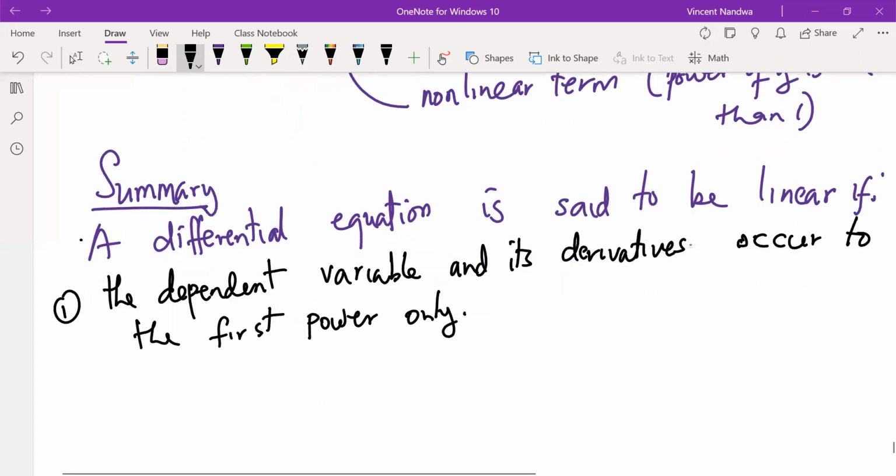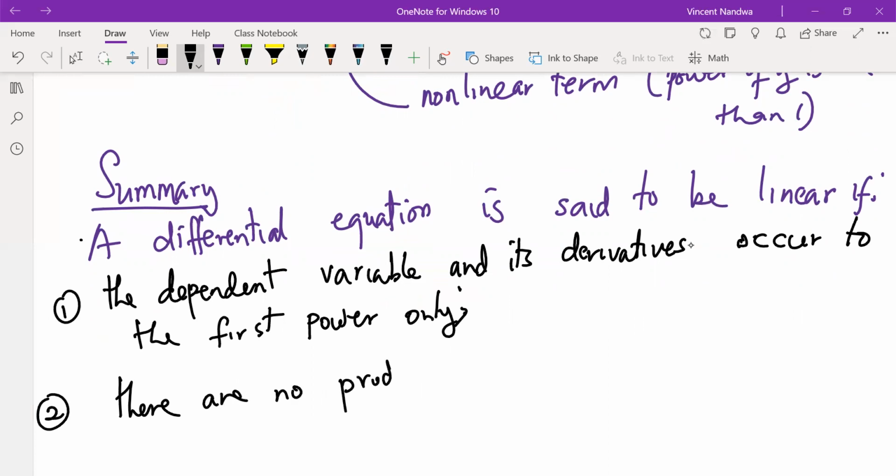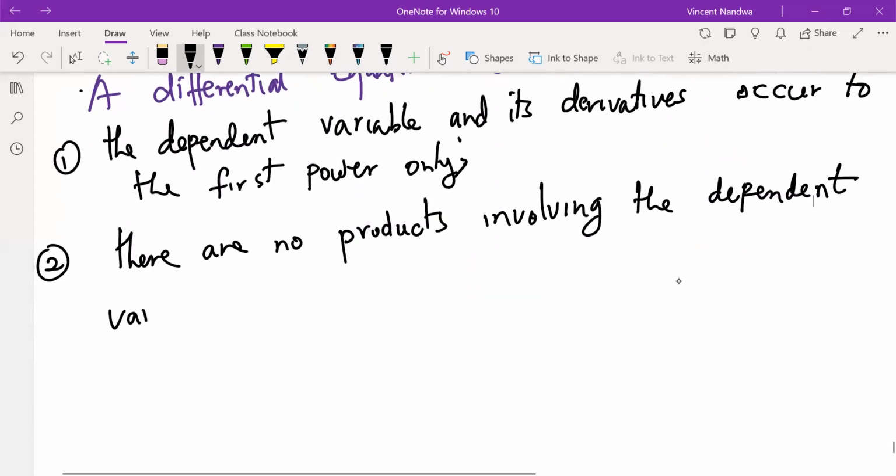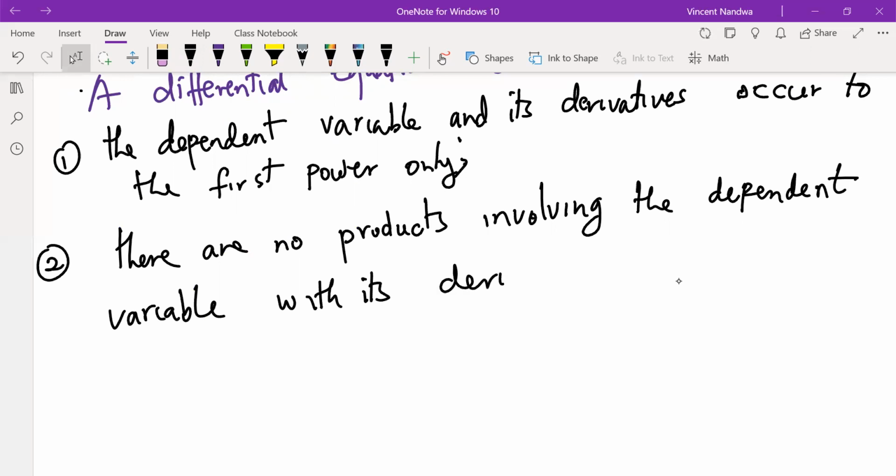That's condition 1. Number 2, there are no products involving the dependent variable with its derivatives.